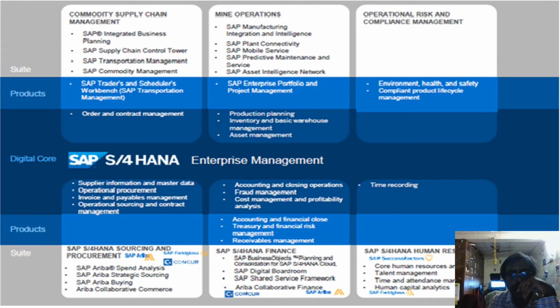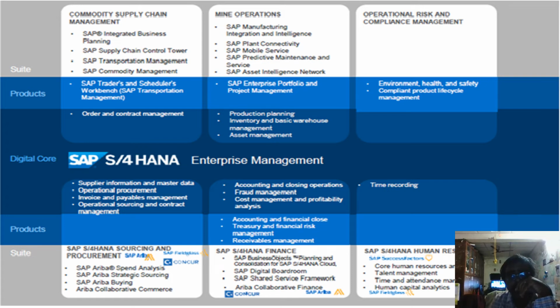So when coming to the suites, in case of commodity or supply chain management, we have SAP Integrated Business Planning, SAP Supply Chain Control Tower, SAP Transportation Management, and SAP Commodity Management. And then coming to products, we have track and schedulers, and between SAP Transportation Management, order and contract management.